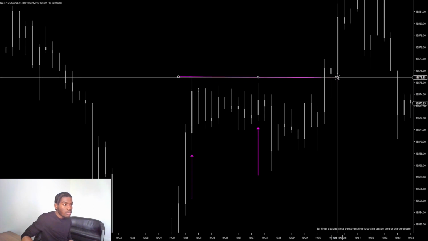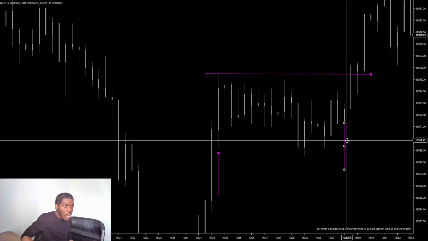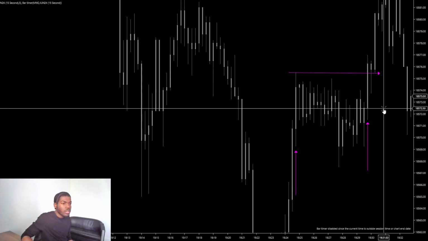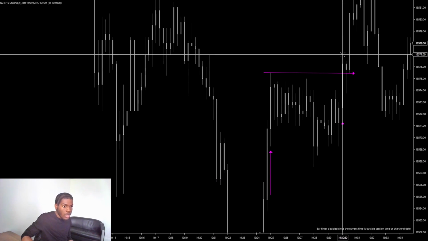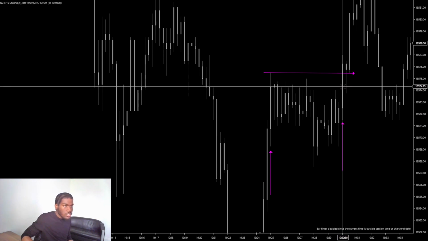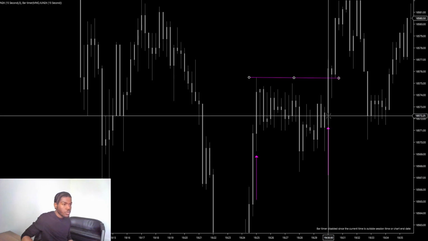Until when? Right here. Now this candle becomes the last up candle. That is valid as the last up candle because it moved above the previous up candle's high.